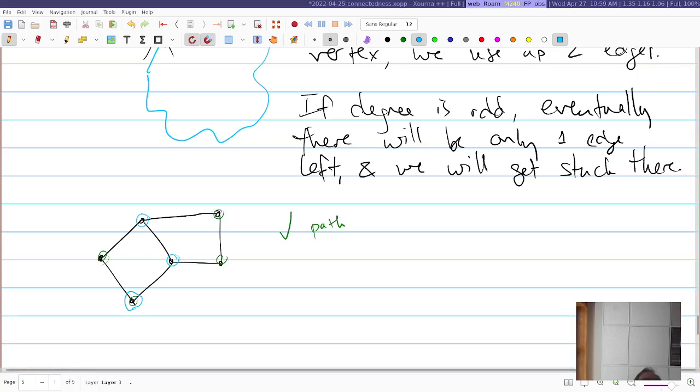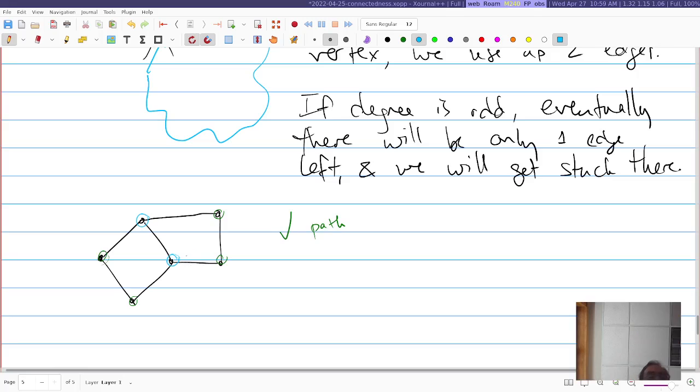And if I ever come back to the vertex where I started, I'm immediately done. And so that's not going to work. But it does work if I start from one of these ones with degree 3, and I have to finish at the other one. Because I'm going to go through it once, and then I'm going to come back and finish there.